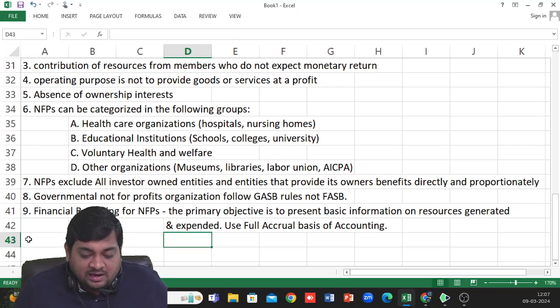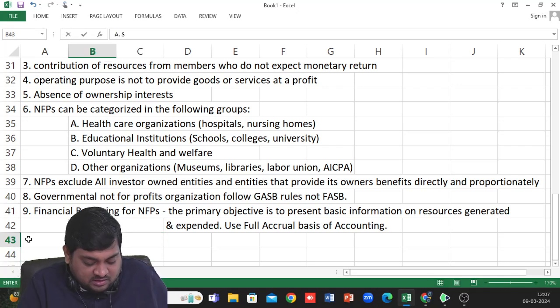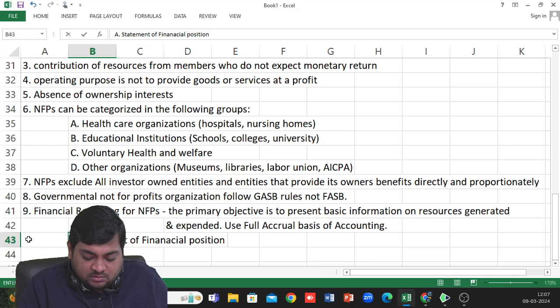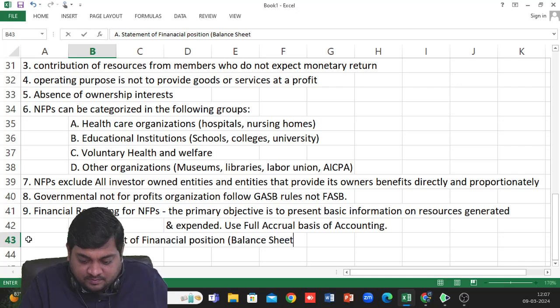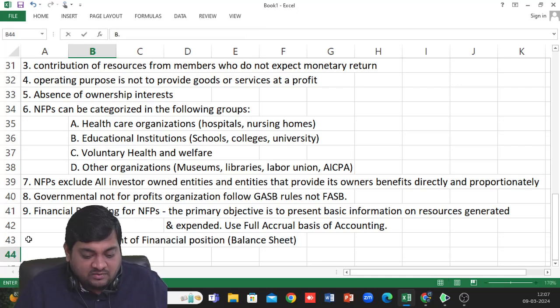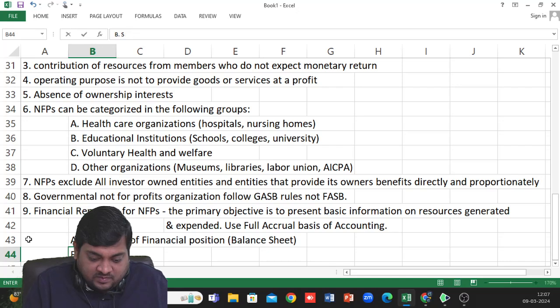Now what are included in this? So we have statement of financial position. This is basically the balance sheet. And then we have statement of activities.